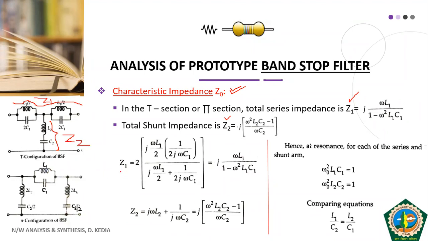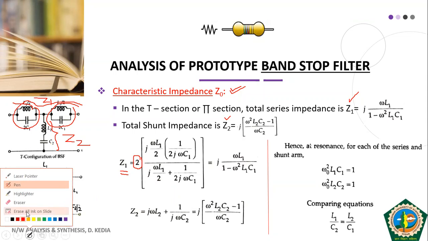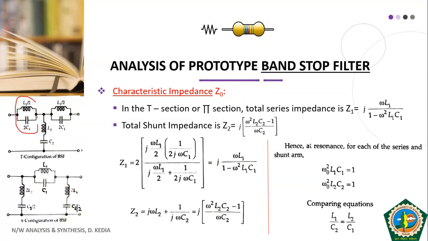So let us see. First, if we want to obtain Z1, there are two portions in Z1, this one and this one, and they are in series. That's why this 2 has come, because these are exactly similar. That's why 2 times it has been shown. And the inside thing is the parallel combination of L1 by 2 and 2C1. So the parallel combination of j omega L1 by 2, this is for your inductor, and the capacitor is 1 by 2j omega C1.